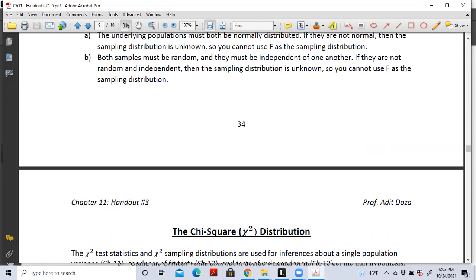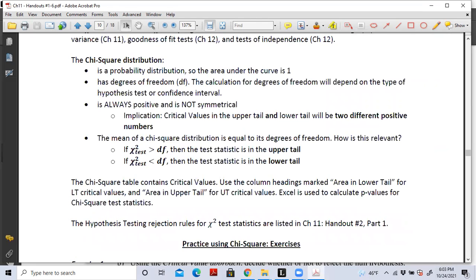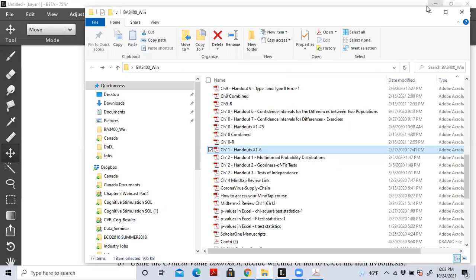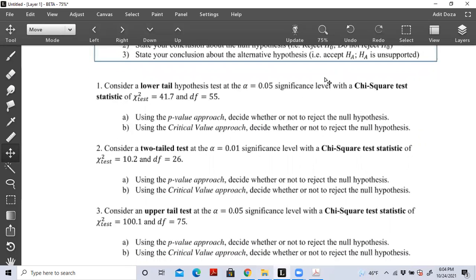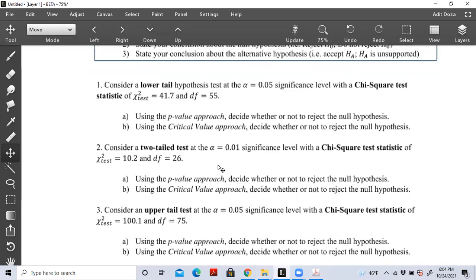Probably you have reviewed chapter 11. Okay, so let's do maybe 1 or 2 problems today, and then if any students come and have other questions, they can go ahead.